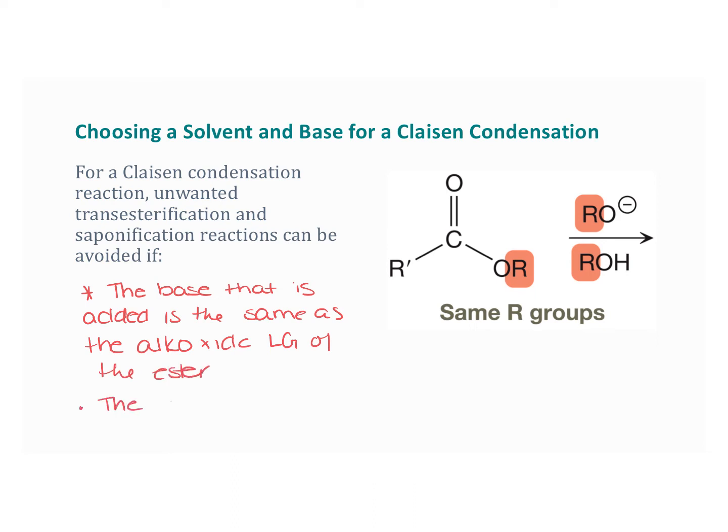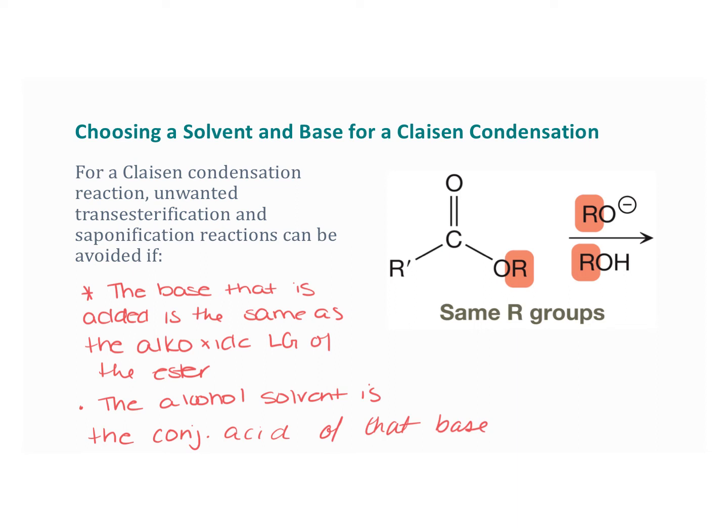And the alcohol solvent is the conjugate acid of that base. And so these R groups all have to be the same. It's the best way to do it, right? So that you don't get any unwanted side products. So when you're designing these syntheses, this is what you want.